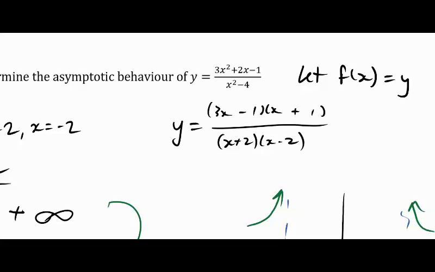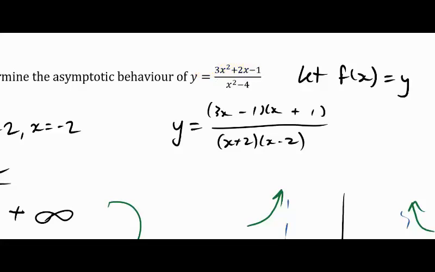So we look at the coefficients of the highest degree terms. Remember, if it was a degree 1 over a degree 2, then technically the degree 2 of the top is 0. It'd be 0x squared. So that's why the horizontal asymptote would be 0.